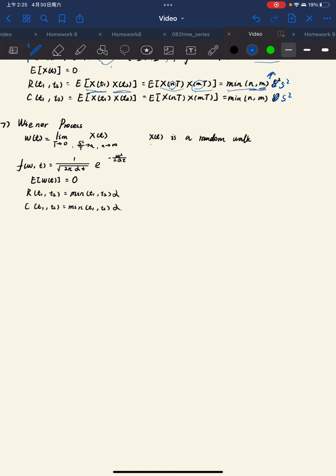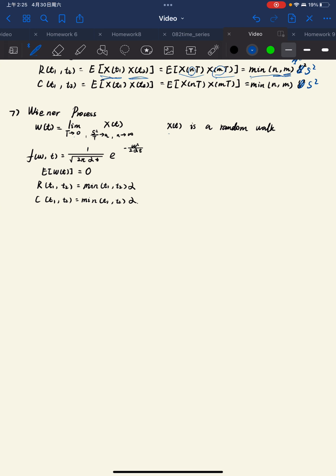Then its first-order density function is equal to 1 over the square root of 2 pi alpha t, times e to the power of negative w squared divided by 2 alpha t, which is a Gaussian distribution.